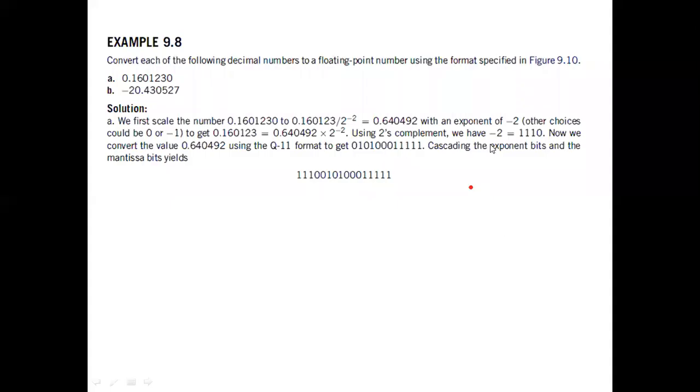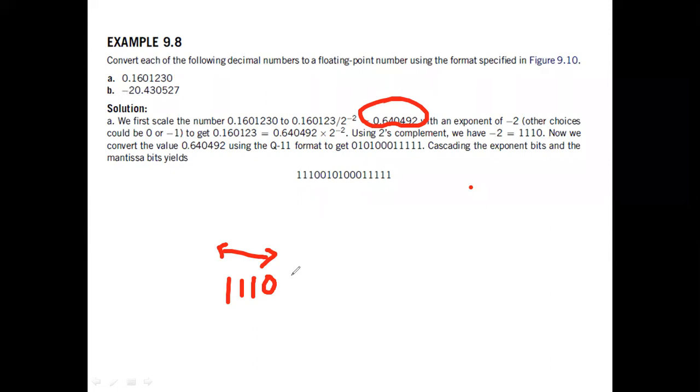So you can see 0.640492. Okay, so 1110 is what is representing minus 2, the exponent part, whereas for this number, it could have been negative or it could have been positive.